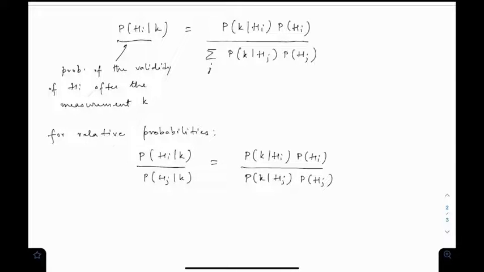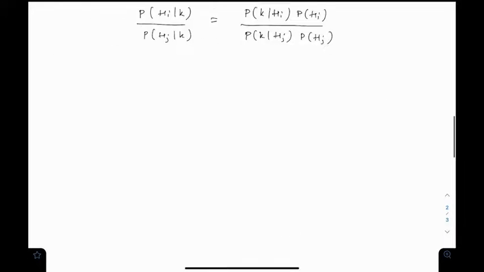Now what we have outlined for discrete hypotheses, the same can be done for a continuous case. So the case where the hypothesis index is replaced by a continuous parameter theta. That is, we have an infinite number of hypotheses.